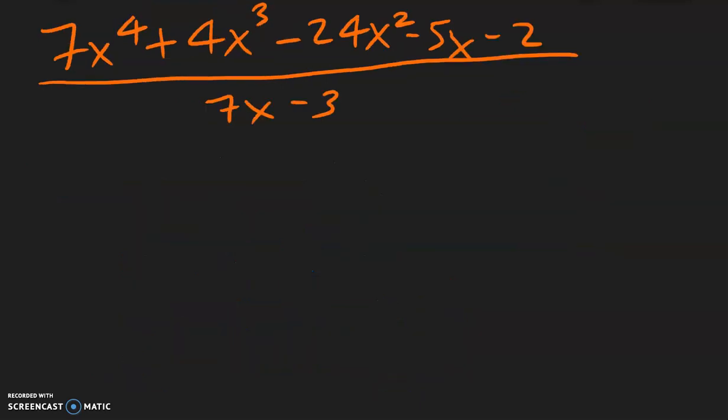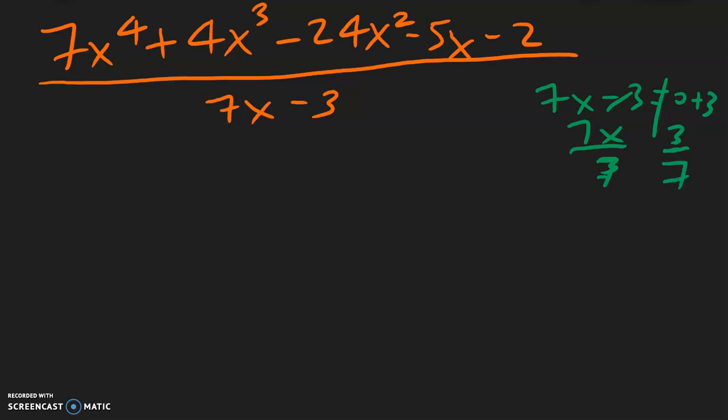So for this example, we will set the bottom, the denominator, equal to 0 as well. So first move this negative 3, so that becomes a plus 3. 0 plus 3 is 3, and 7x, bring it down. Then divide by 7. So that got us positive 3 over 7.